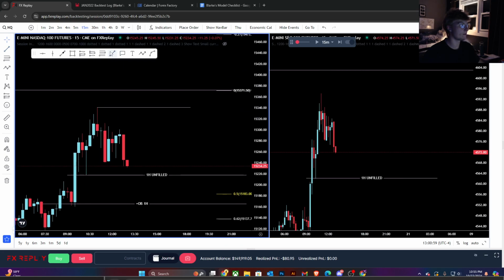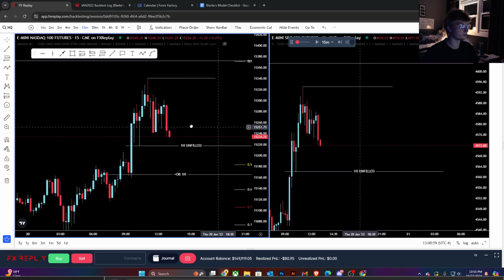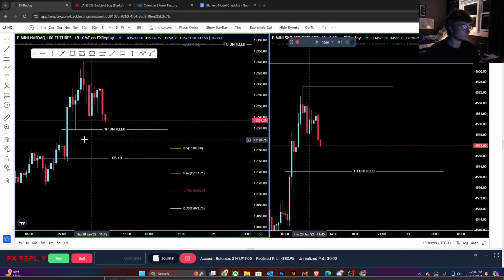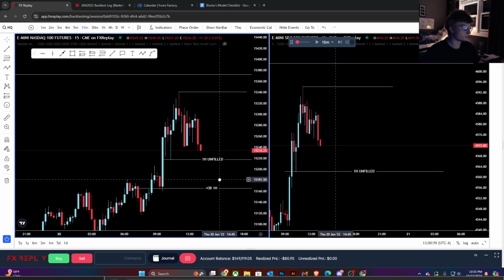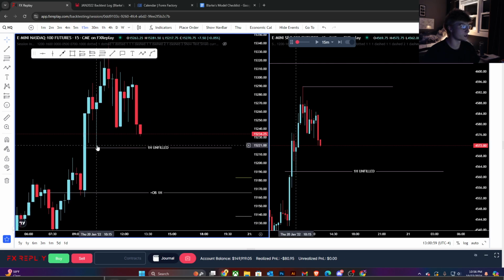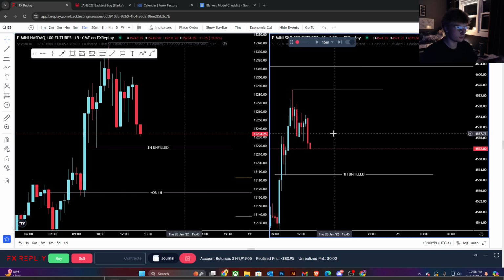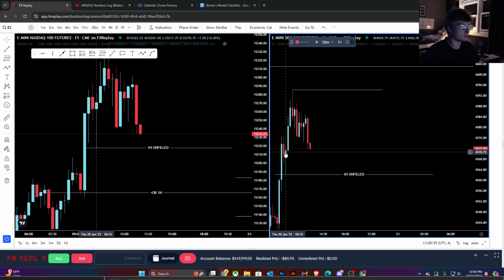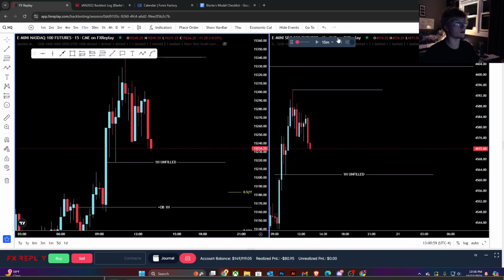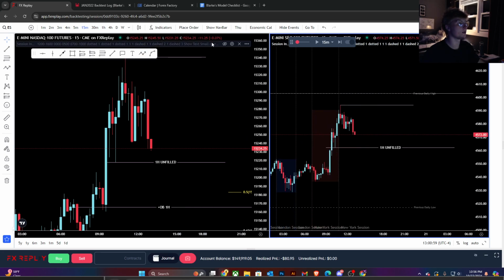Swing high here. This would also be a sweep here of this low. But yeah, we are reacting off 15-minute order block on ES right now. We're not really reacting, but did tap it.